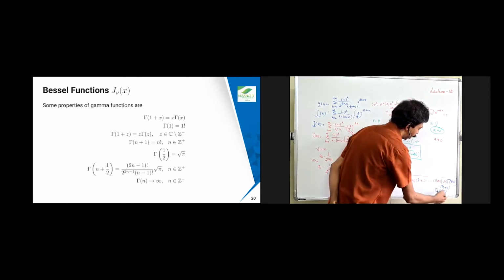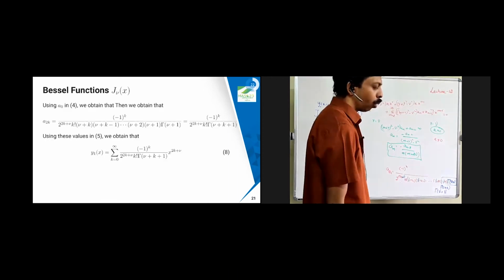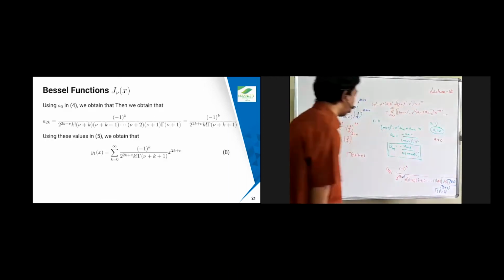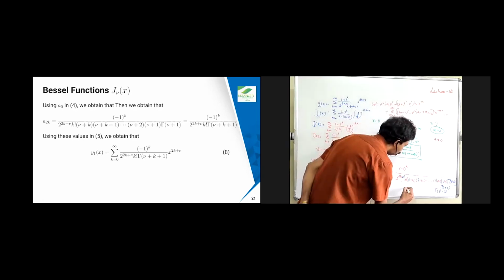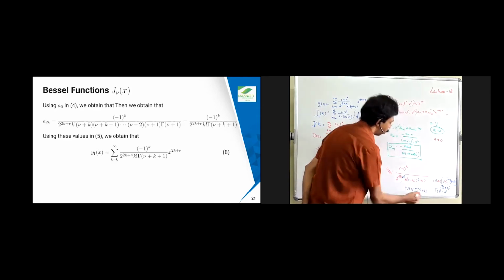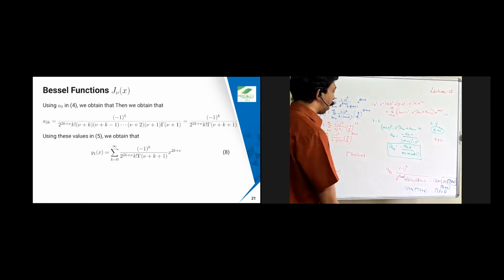Like this, you can keep on reducing one term at a time. At the end, you are going to get nu plus k into gamma of nu plus k, which is going to become gamma of nu plus k plus 1.